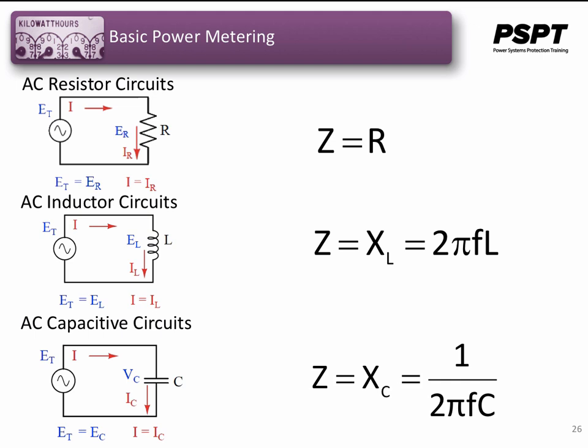Capacitors oppose faster changing voltage drops by allowing greater currents. Alternating current in a simple impedance circuit is equal to the voltage in volts divided by the impedance in ohms, just as a direct current in a simple resistive circuit is equal to the voltage in volts divided by the resistance in ohms.